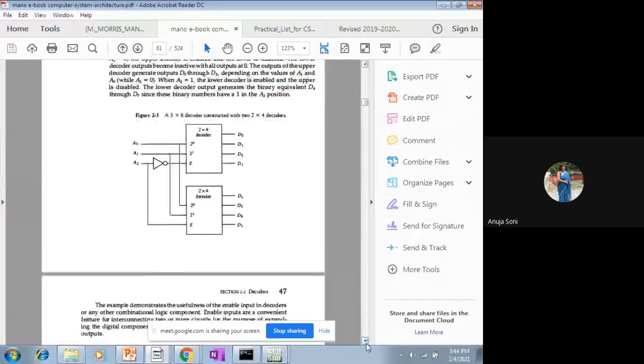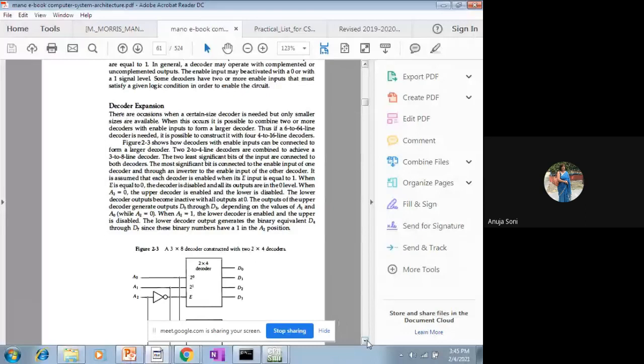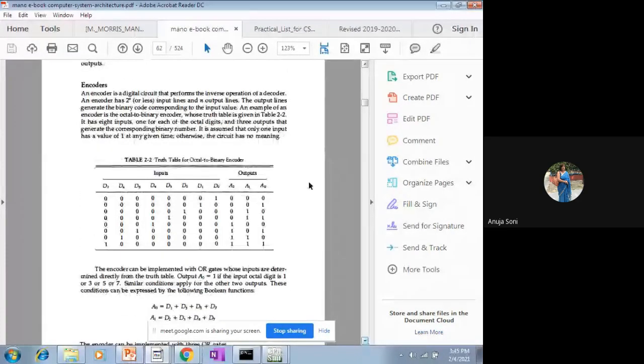So this is the way the 3:8 decoder may be expanded. 2:4 size decoders may be expanded to work just like your 3:8 decoder by drawing this diagram, and that concept is called decoder expansion. You also have to explain the same thing by drawing its truth table.